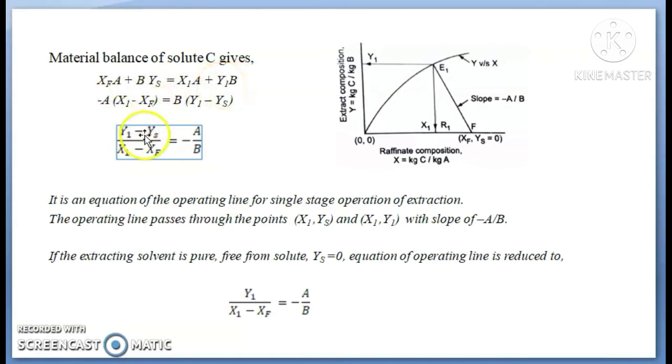If you write this, we get the particular form of equation: (Y1 minus YS) upon (X1 minus XF) gives you minus A upon B.